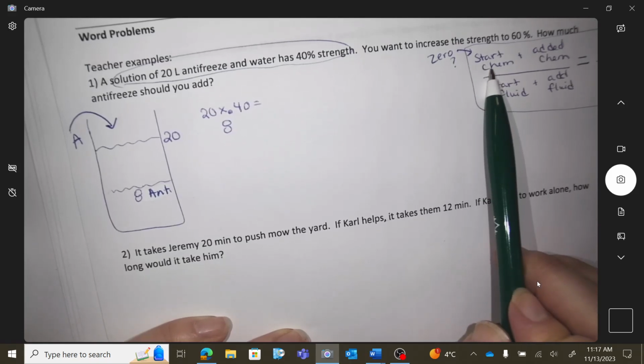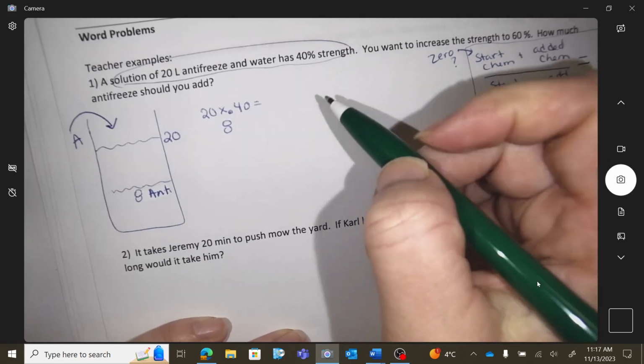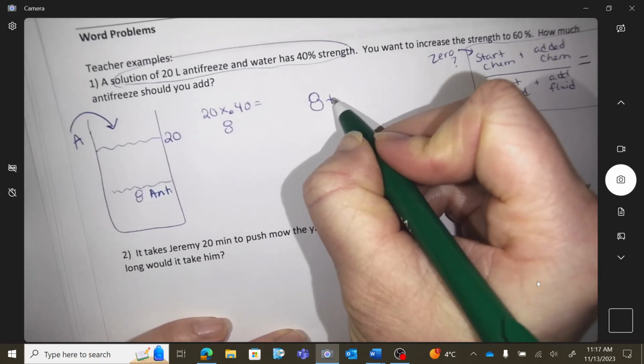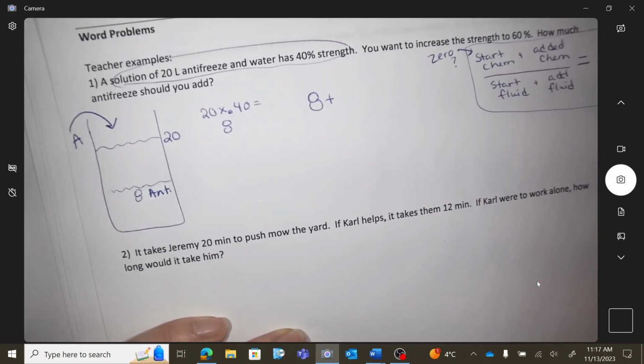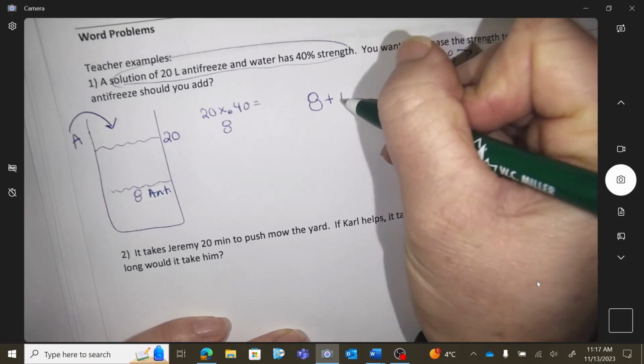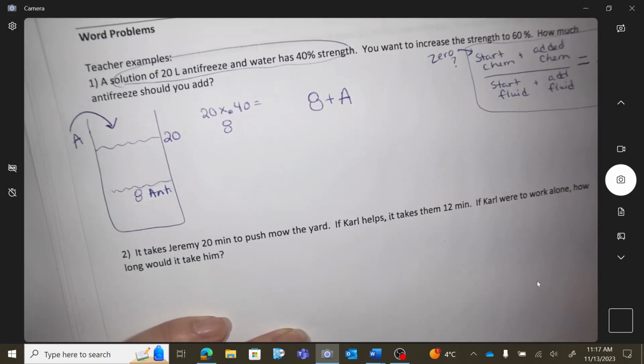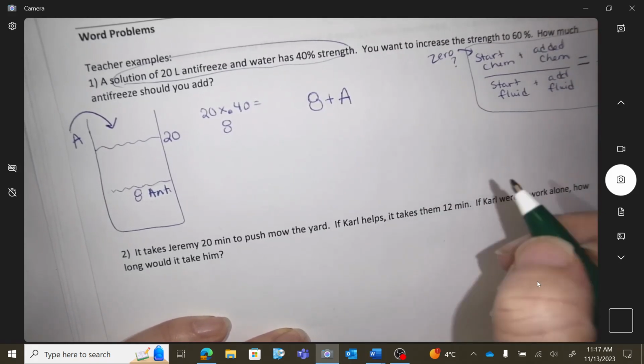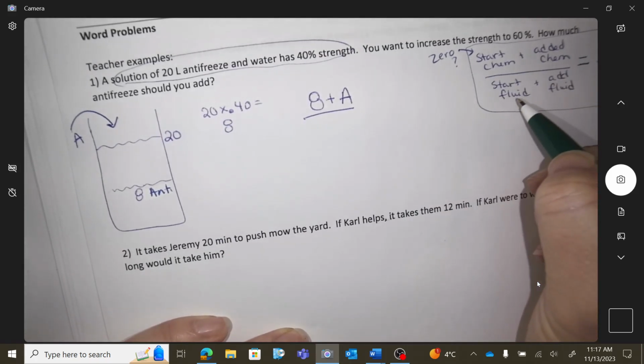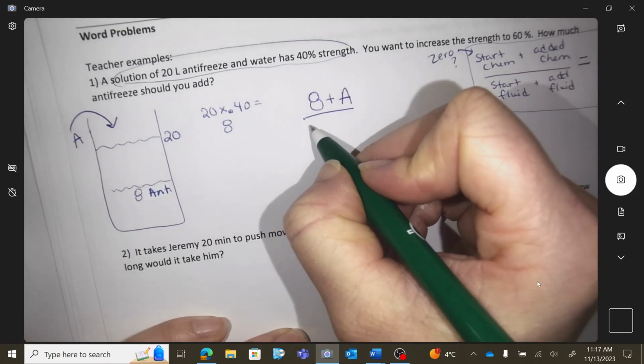How much chemical did I start with? 8. Plus, how much did I add? Don't know. So a letter. How much fluid did I start with in my jug? 20.